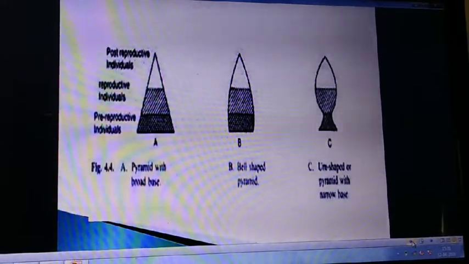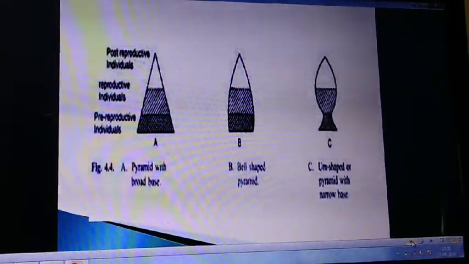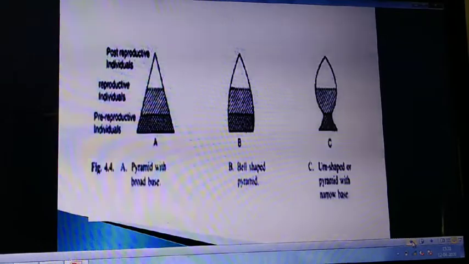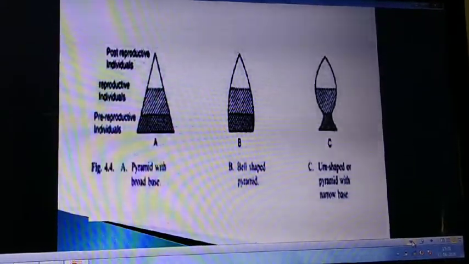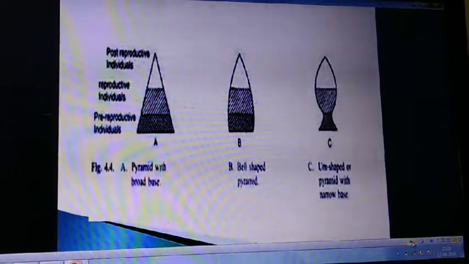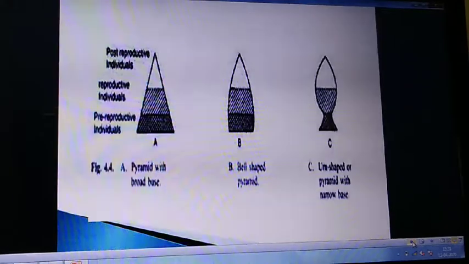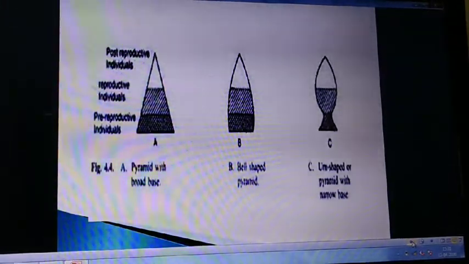Number one, as you can see in the figure, pyramid with a broad base, that is young population; pre-reproductive individuals are more than the reproductive individuals, and the older population is very less. Now you can see the bell-shaped pyramid, where the rate of development, that is pre-reproductive, reproductive, and post-reproductive, is constant.